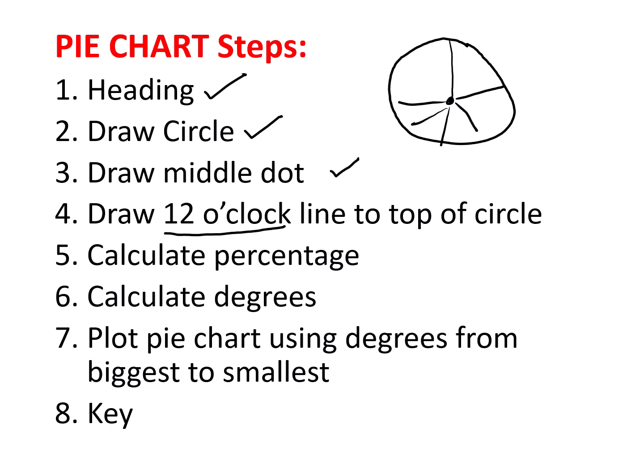So we're always going to have the biggest chunk at the 12 o'clock, and we're going to go from biggest to smallest clockwise around the pie chart. So we're going to draw the circle, put our dot, put our 12 o'clock line in, and then from there we can draw our chunks of pie.